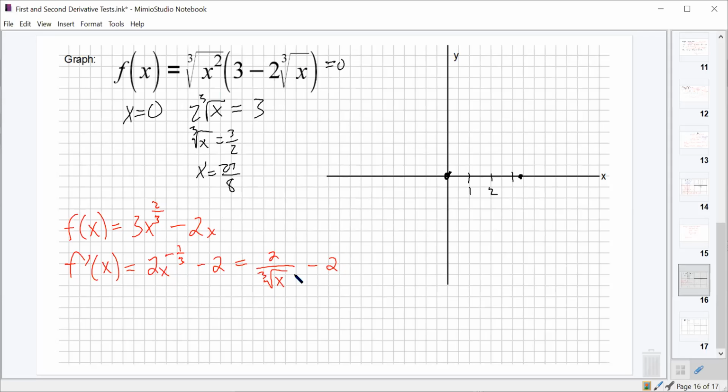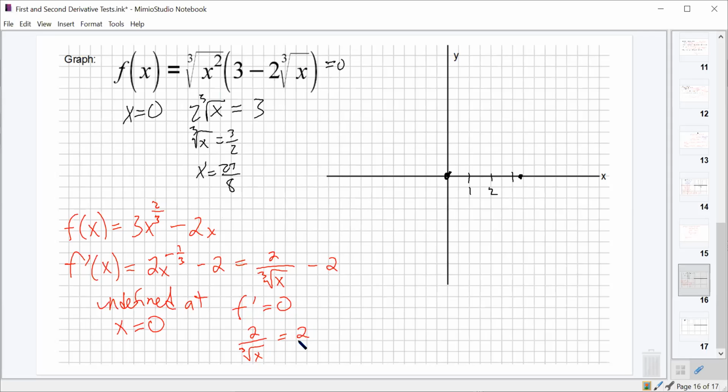So when is this undefined? At x equals 0, so there's one critical value. And when does this equal 0? Well, that'd be if 2 over the cube root of x minus 2 equals 0, or 2 over the cube root of x equaled 2.